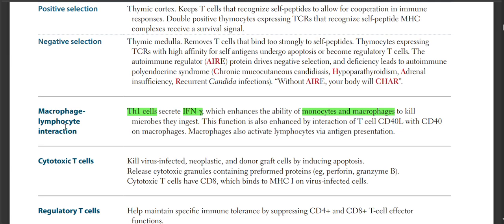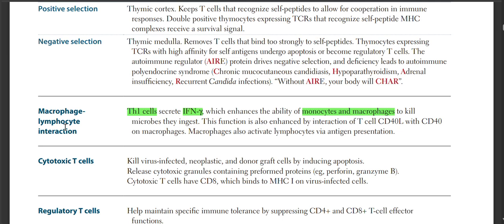Where do you think you will find microglia? In the brain. In the brain, and they're macrophages. Now, what about Kupffer cells? Liver. Liver, dust cells? That's actually alveoli.